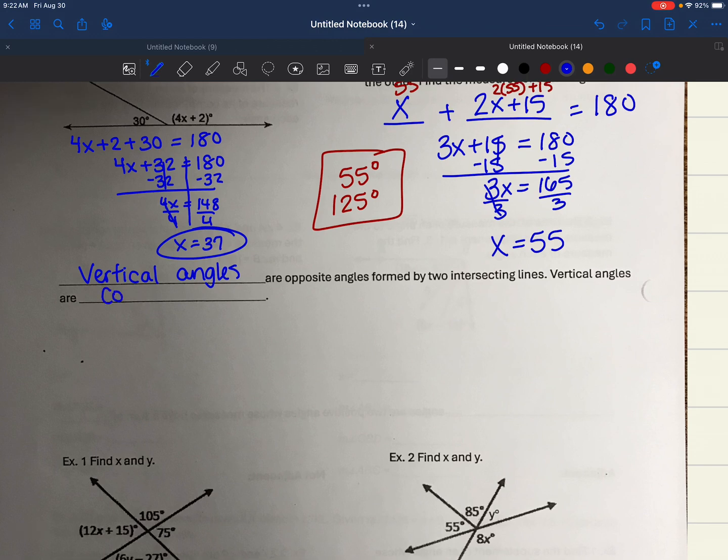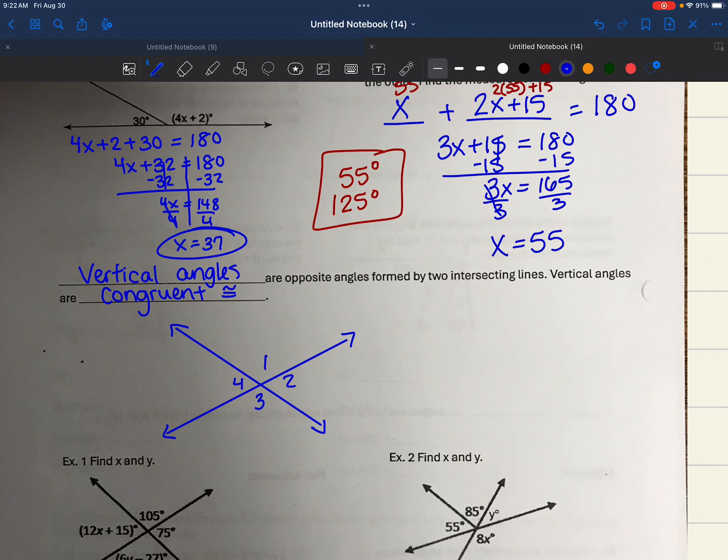Vertical angles are opposite angles formed by two intersecting lines. Vertical angles are congruent. So here I have two pairs of congruent angles, right?